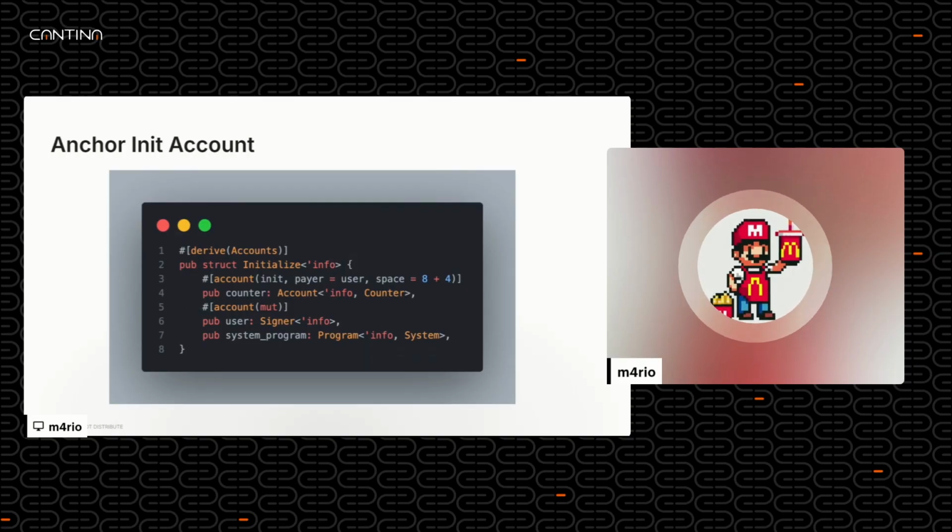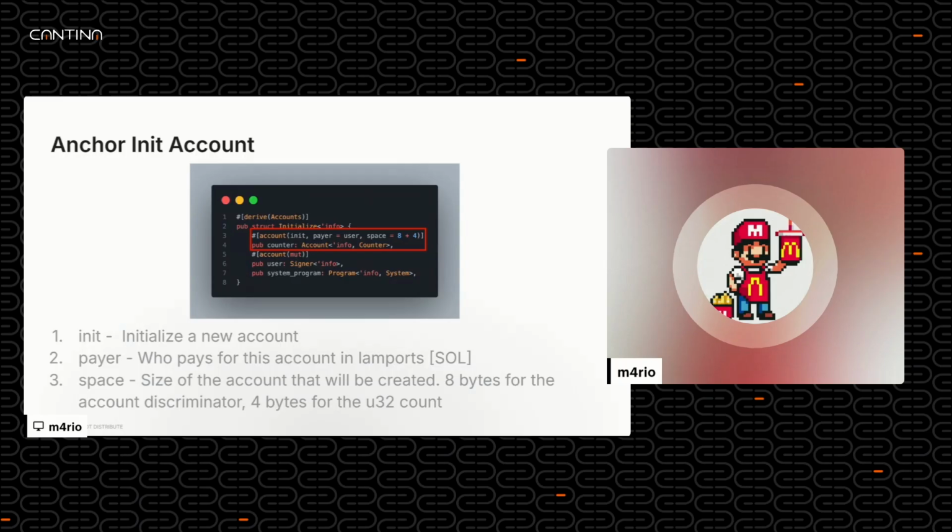We're going to go step by step and understand exactly what Anchor does behind the scenes. For example, let's take the first one, which is the counter, pub counter: Account info counter. What does this basically do? It specifies an init, which tells Anchor that this account should be initialized.